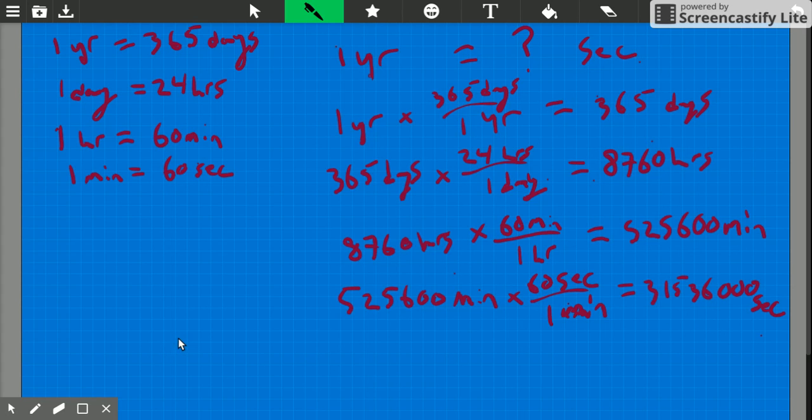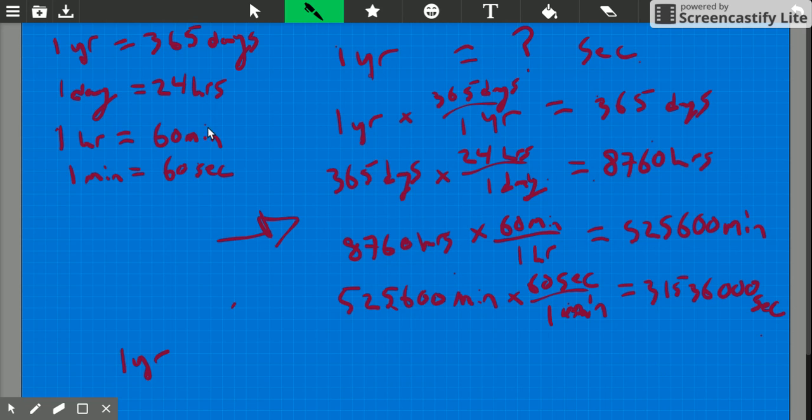But dimensional analysis, the fact that these units cancel, allows us to go about nasty conversions like this in a much more straightforward manner. So we can start with 1 year, just as we did before. And we know that we somehow need to get from 1 year to the equivalent number of seconds.